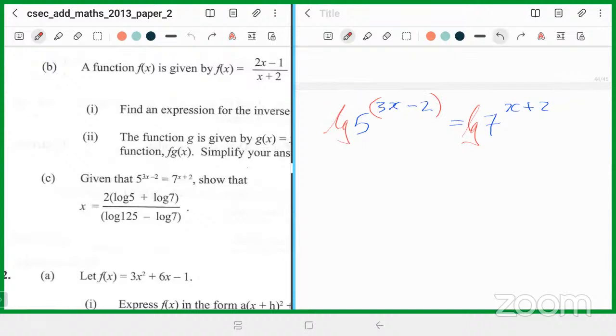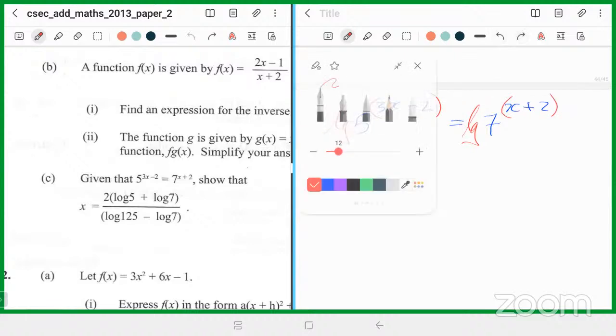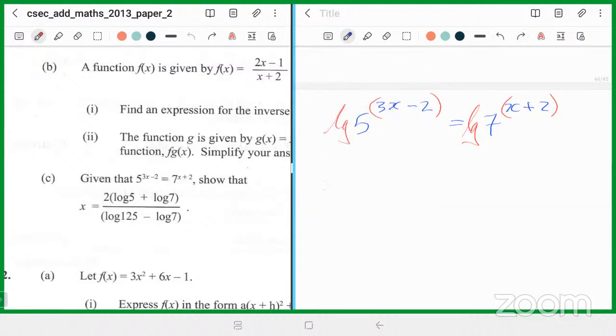That's an important thing. Similarly, you have to bracket up this as a whole power and bring it to the front. Very important. Then it's going to become 3x minus 2 as a whole bracket and the log of 5. Now look at what happens if you don't bracket up. You might go away thinking that this is a term by itself.